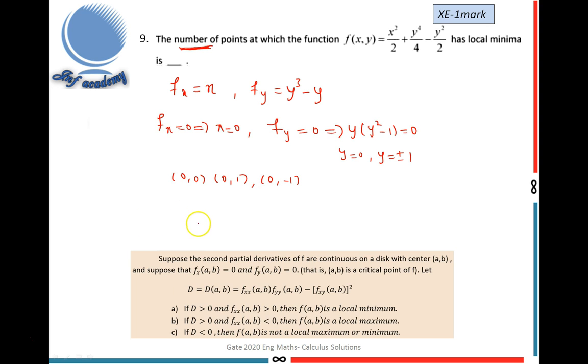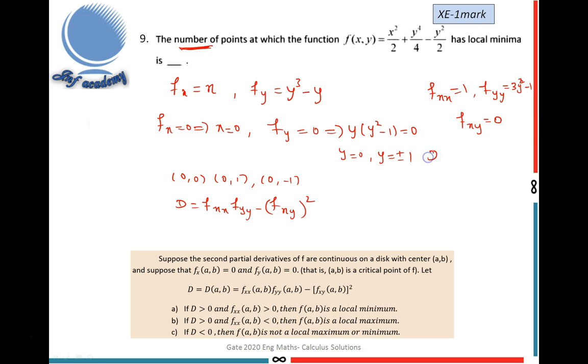Next I find the D values at these 3 points. D is fxx, fyy minus fxy whole square. Here fxx equal to 1, fyy equal to 3y square minus 1. For fxy, partially differentiating fx with respect to y, fxy equal to 0.